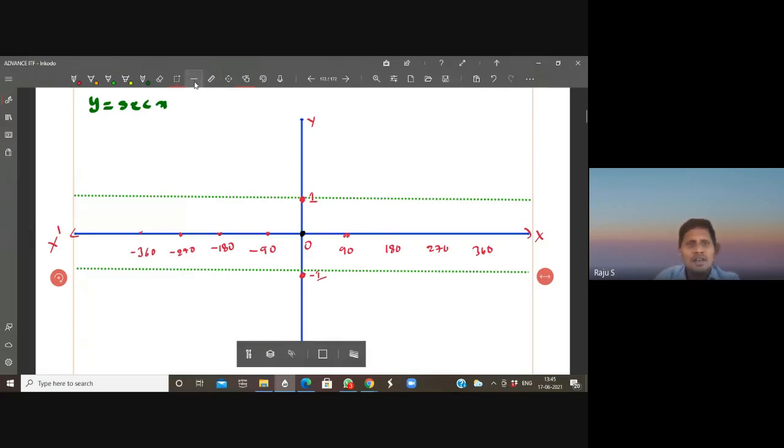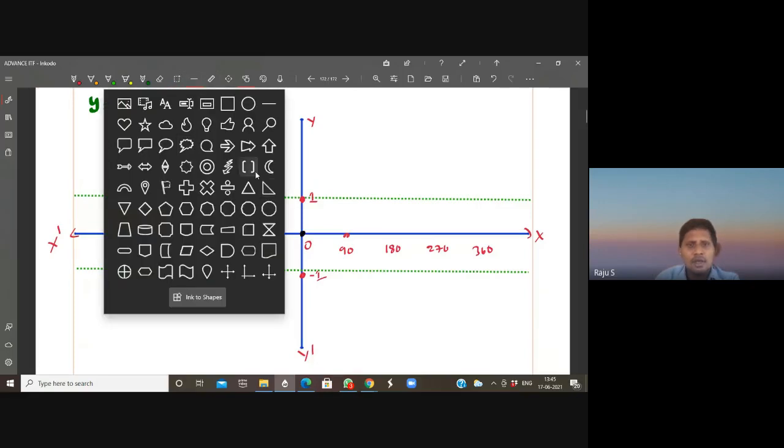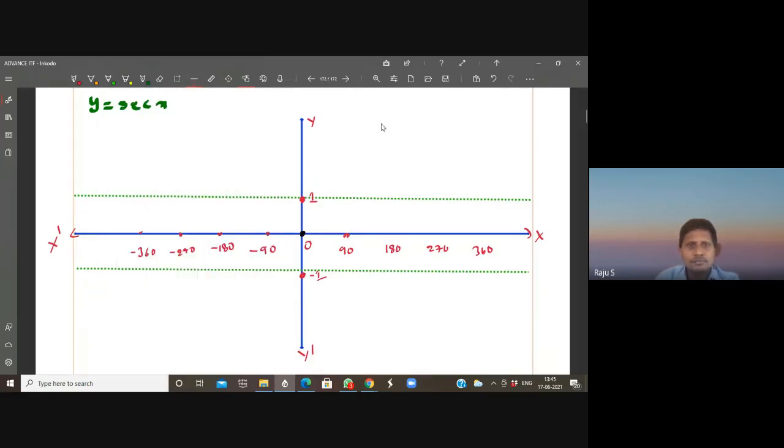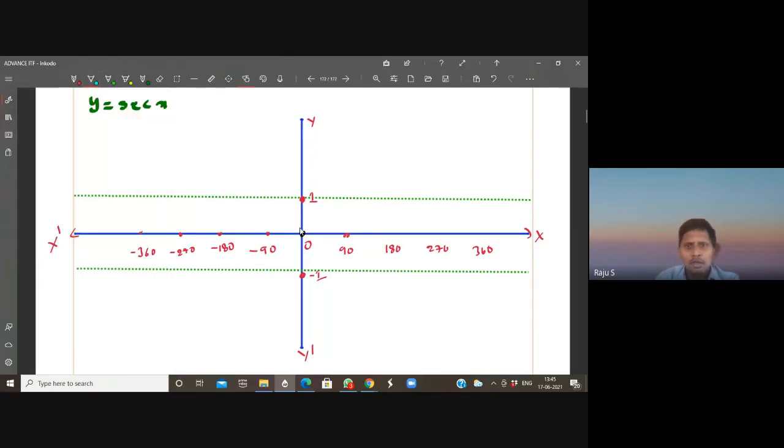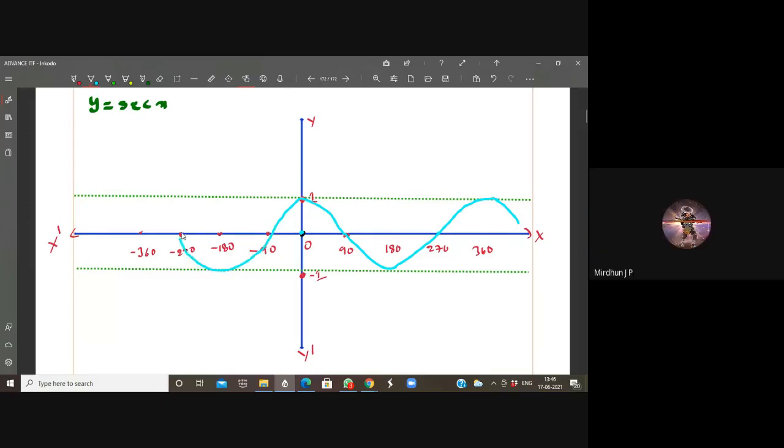See here, when we draw the graph of cos x, look here. Cos 0 is 1, cos 90 is 0, cos 180 is minus 1, cos 270 is 0, 360 is again 1. This is the graphical representation of cos x.